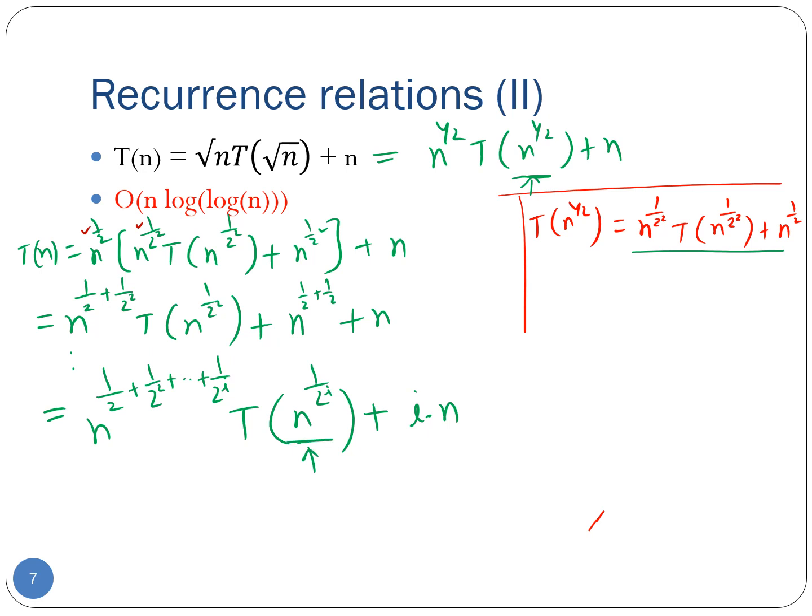Okay, so now the question is, for what value of i would this term inside the bracket here in the recurrence go down to 0 or 1, very close to 0 or 1, some small constant.